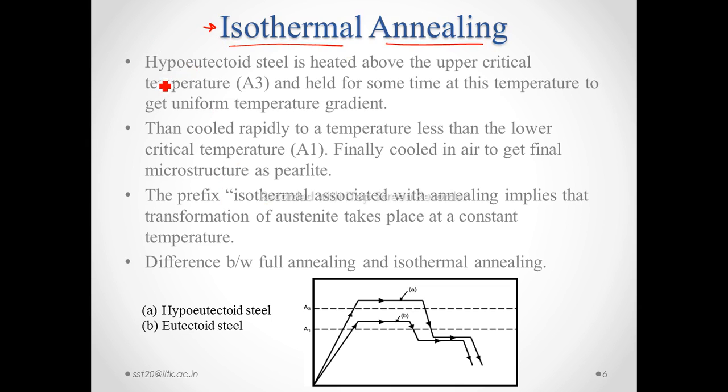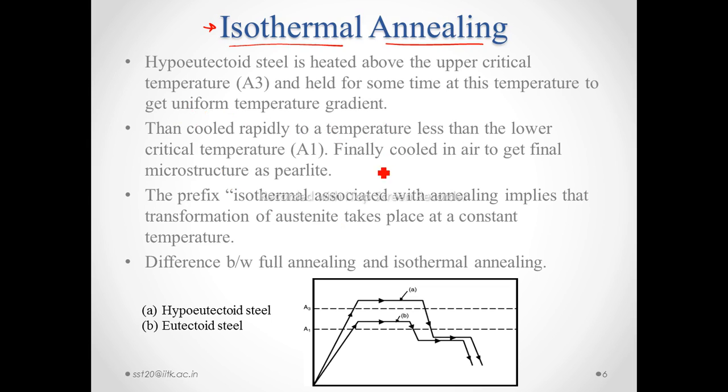First of all, we are considering hypoeutectoid steel and heating above the upper critical temperature, that is the A3 line, as I mentioned in the previous slide. We heat it for a longer duration of time because we should get a uniform temperature gradient.